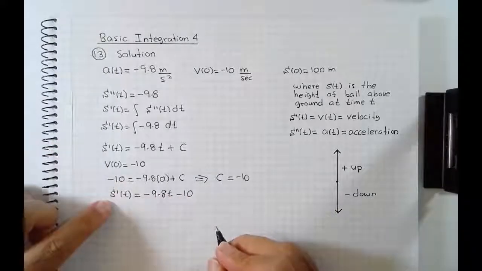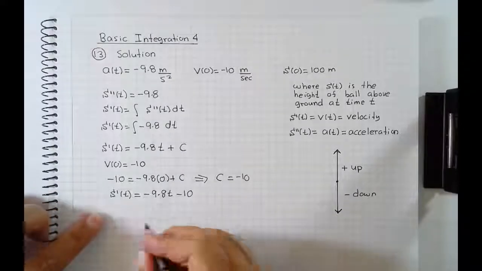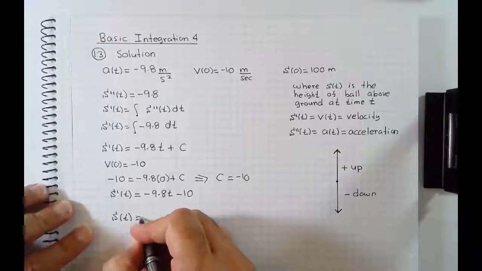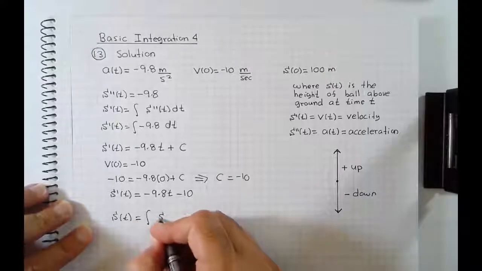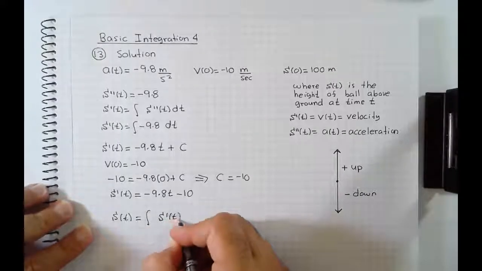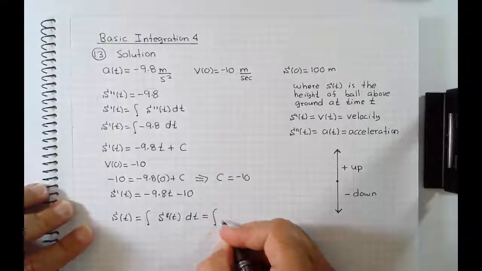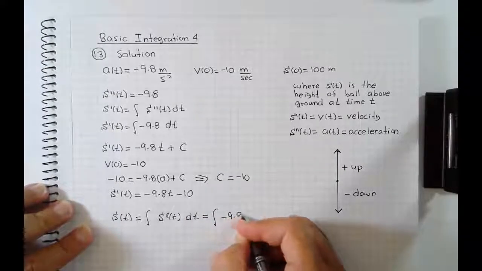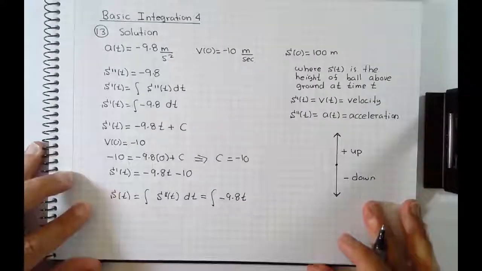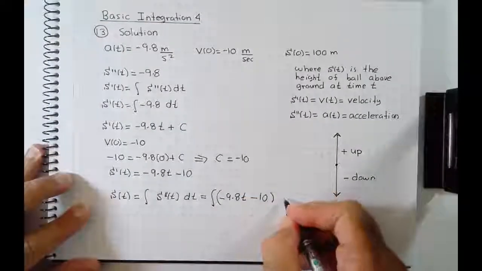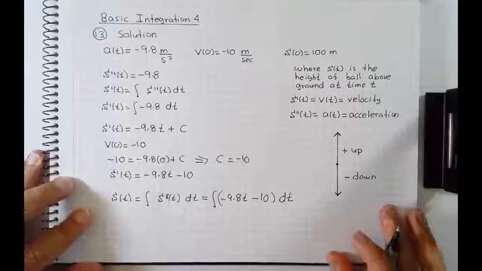Now we integrate this again to find s of t, the height function. S of t will be the integral of s prime of t dt. That's the integral of negative 9.8 t minus 10, all integrated with respect to t.